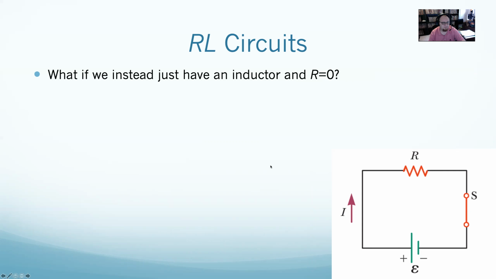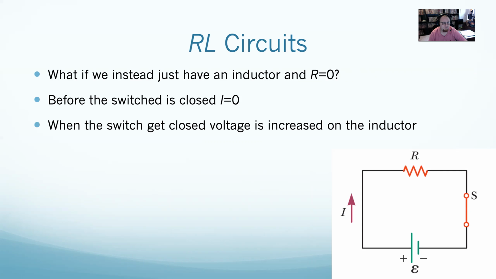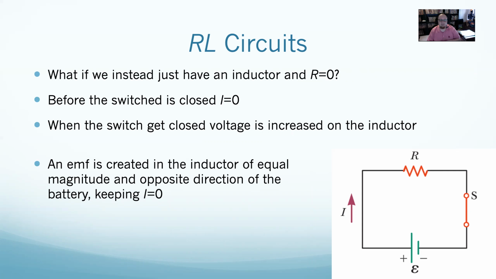Well, if we instead had an inductor, which I didn't draw in this picture apparently, I thought I did. Where's my inductor? If we instead had an inductor, before the switch was closed, I was 0. But when the switch gets closed, suddenly there would be a voltage increase on the inductor. And an induced EMF would be created in the inductor equal in magnitude but opposite in direction.